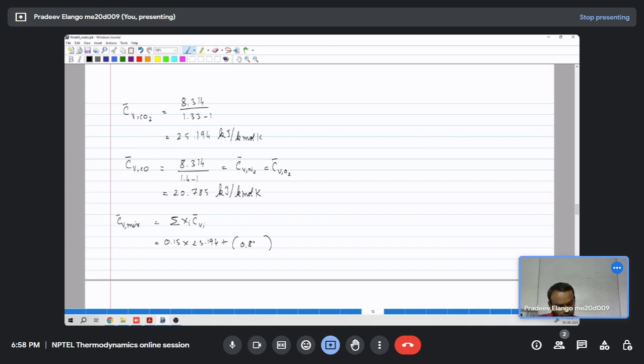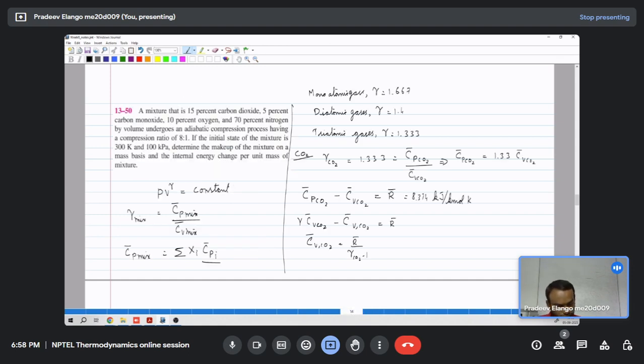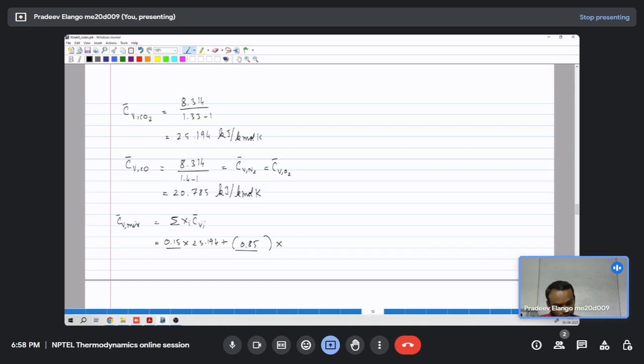That will be 0.85, because this is 0.15, the summation has to be 1, so 0.85 times Cv of the diatomic gases, that is 20.785. This is 21.44 kilojoule per kilomole Kelvin.